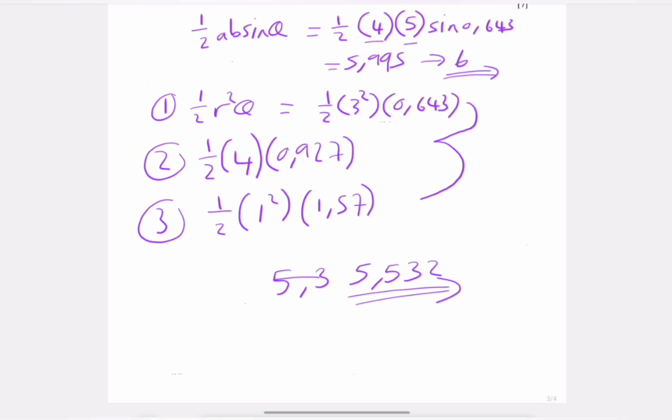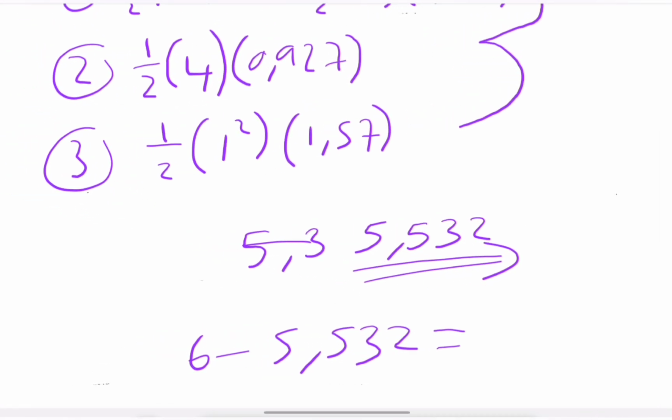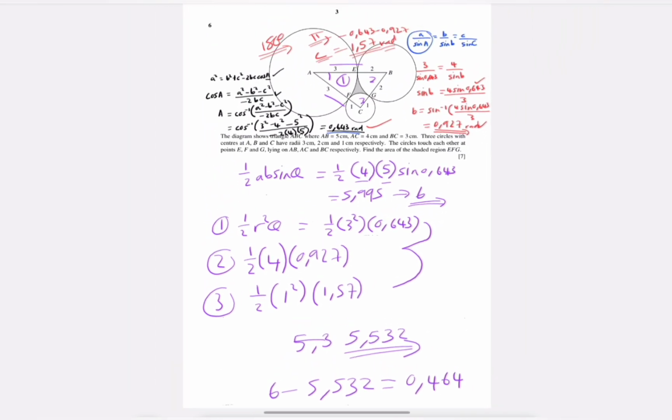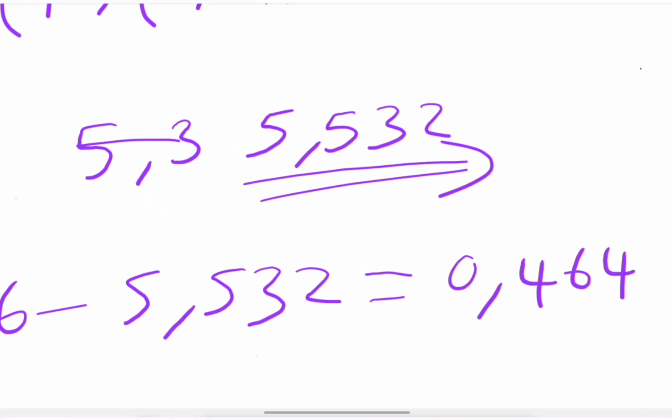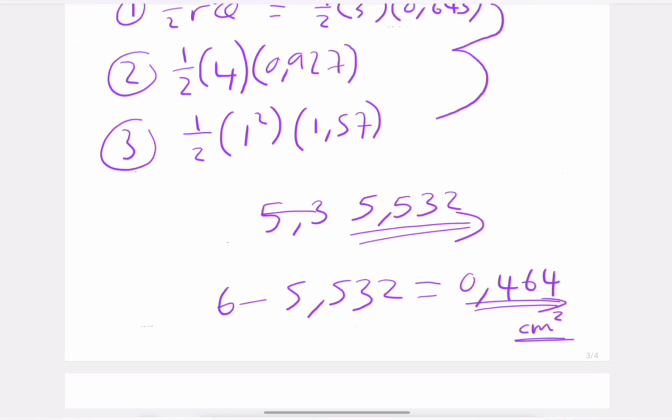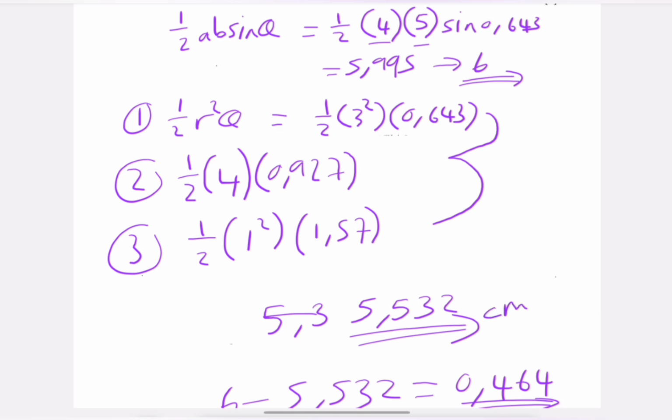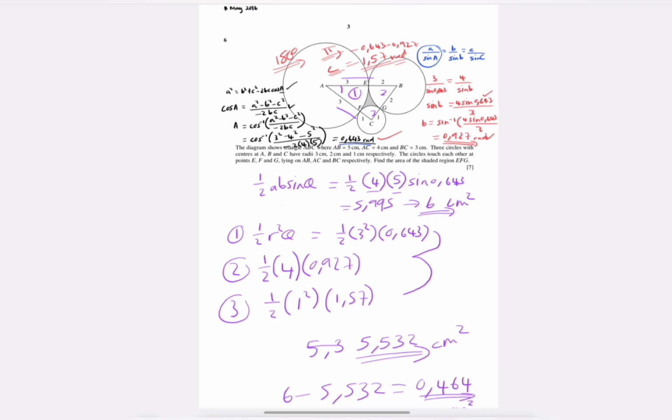So we're simply going to say 6 minus 5.532, and this will give us the area of the shaded region, which is 0.464. Our dimensions are in centimeters, so this should be square centimeters. Right, I hope that was clear.